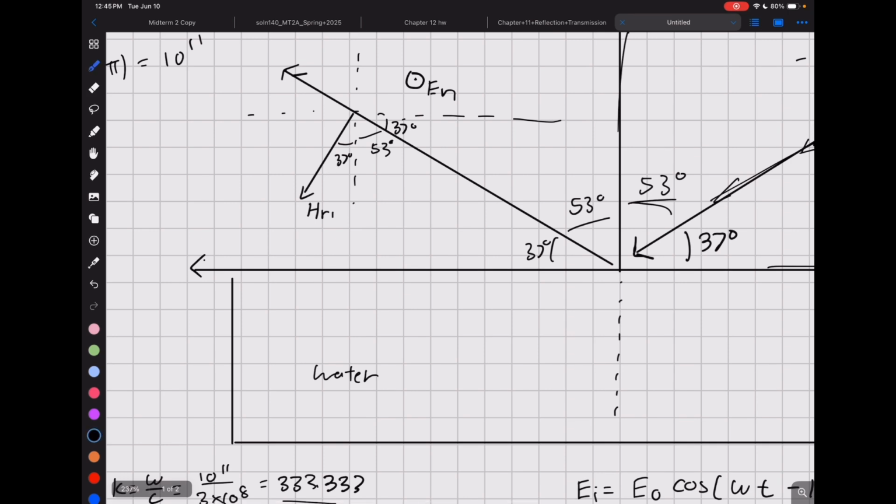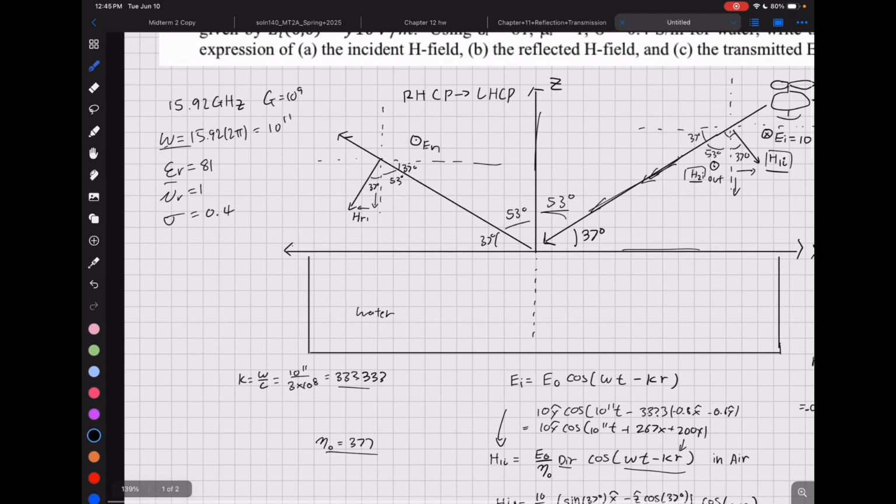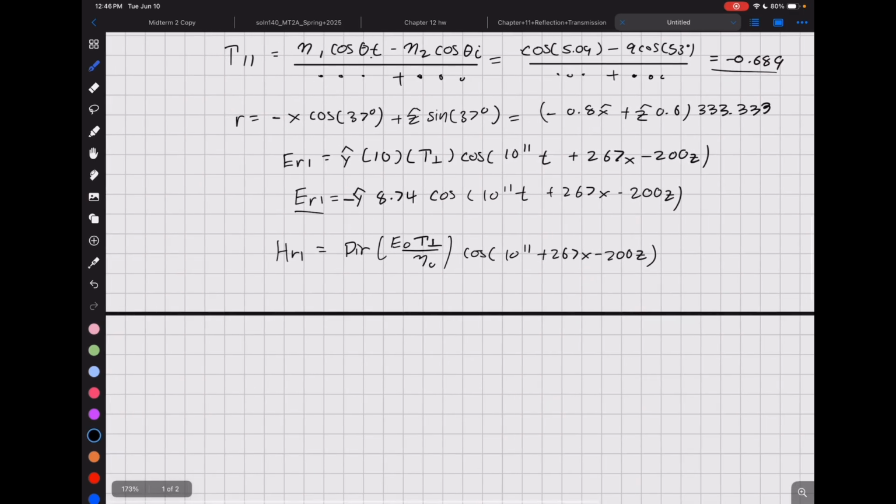So we're going to use trigonometry to find these angles here, to find the x and y component. So our H reflected 1 is going to equal negative x sine of 37 minus z cosine of 37.